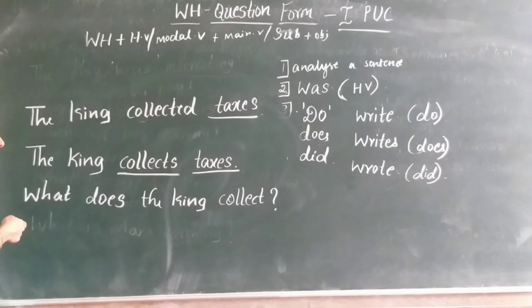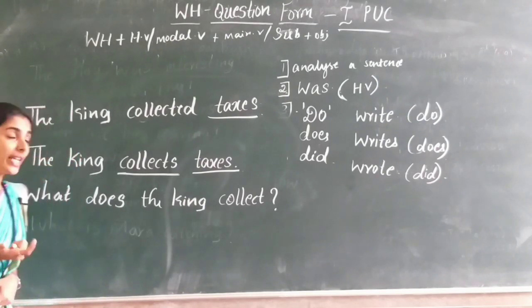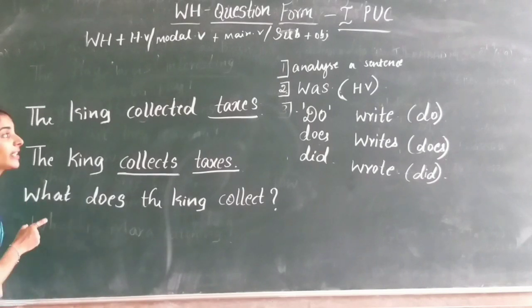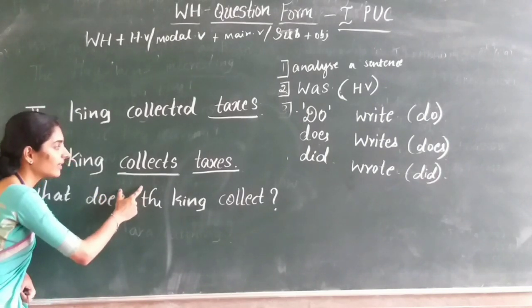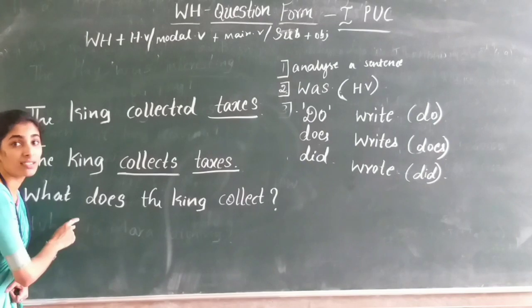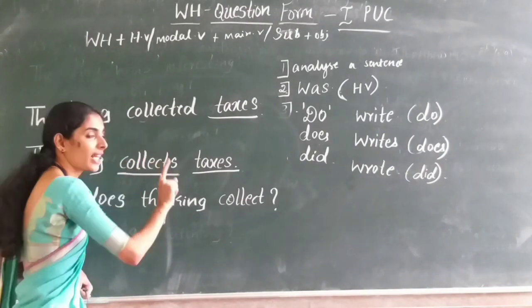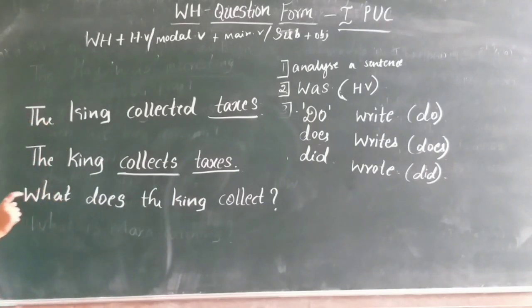So how do you find that? If you are able to identify the verb, then you can easily identify the tense of that sentence. In case there is collects or collect, that is the simple present tense. If there is collected, that is the simple past tense.